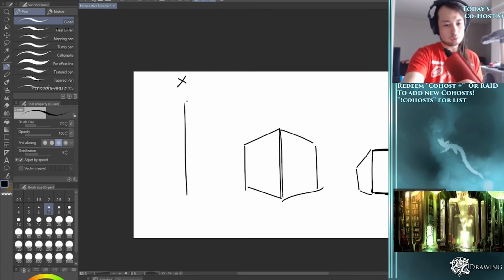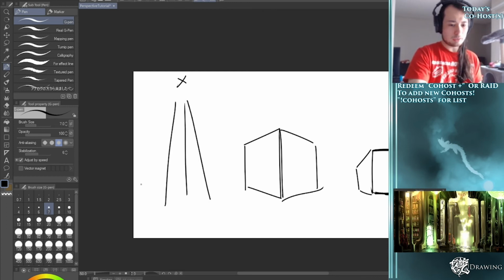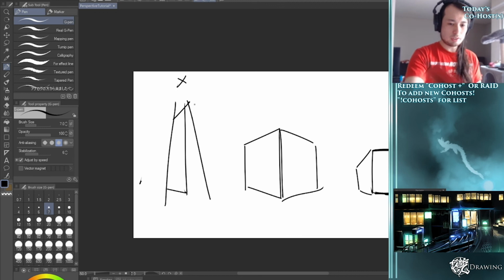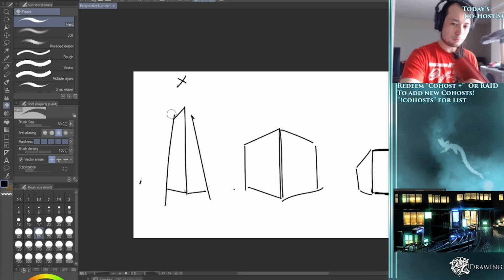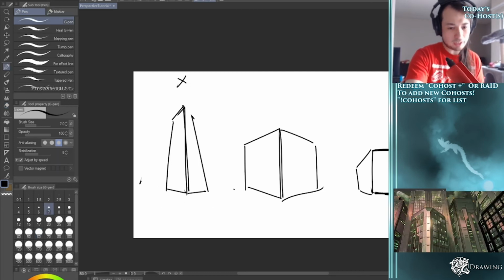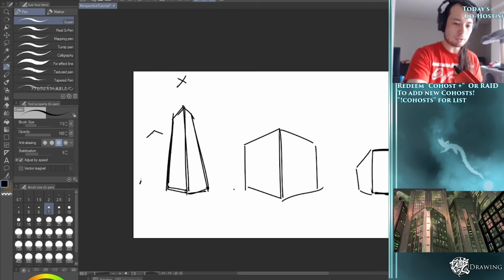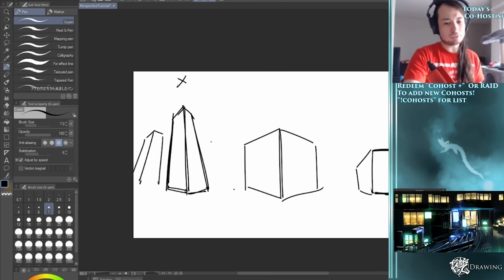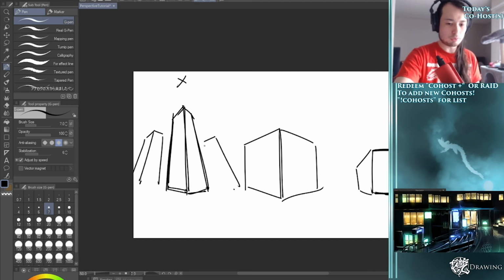This line goes up to there, and these lines go over to here, and these lines go over to there, and now you have a tall building in three-point perspective. If you're looking way up at something, or way down at something, a three-point perspective is sometimes useful.